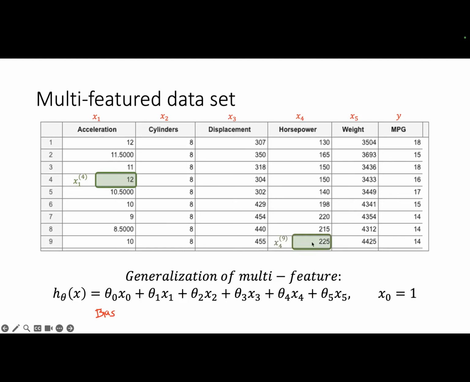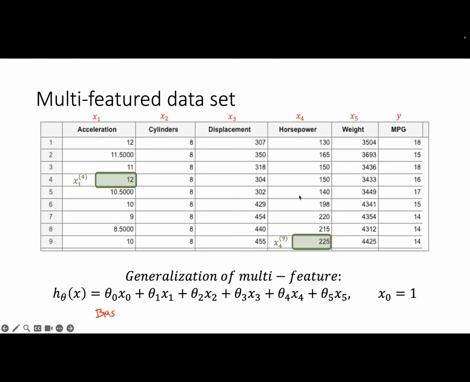So, itong 225 is the ninth row, fourth column value of x. Okay? So ganun yung notation natin dito. So pag superscript with a parenthesis, nagko-correspond yan sa row. And pag subscript, nagko-correspond yan sa column.